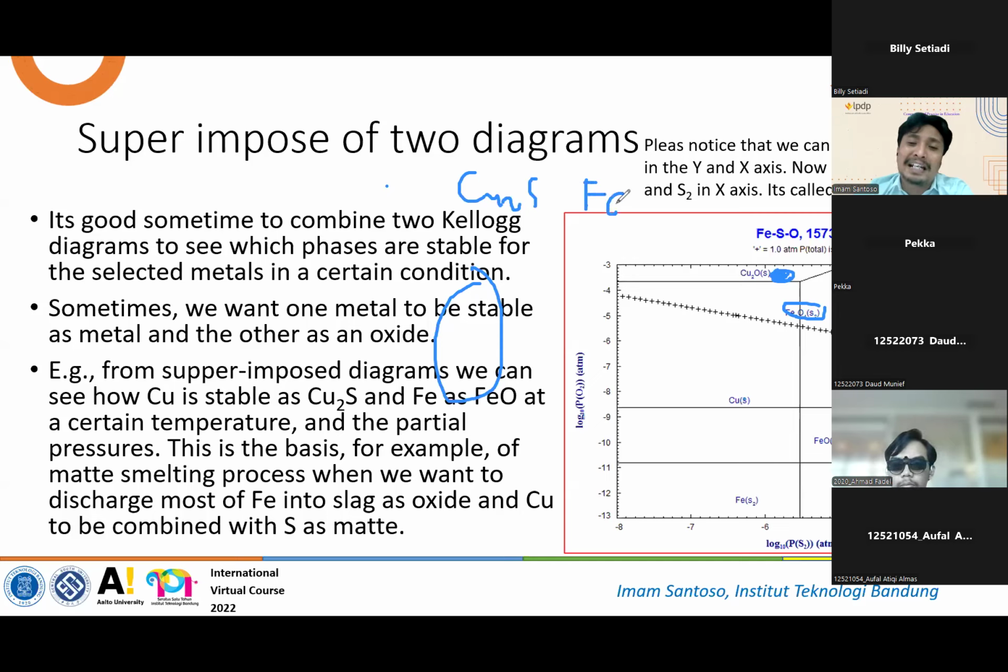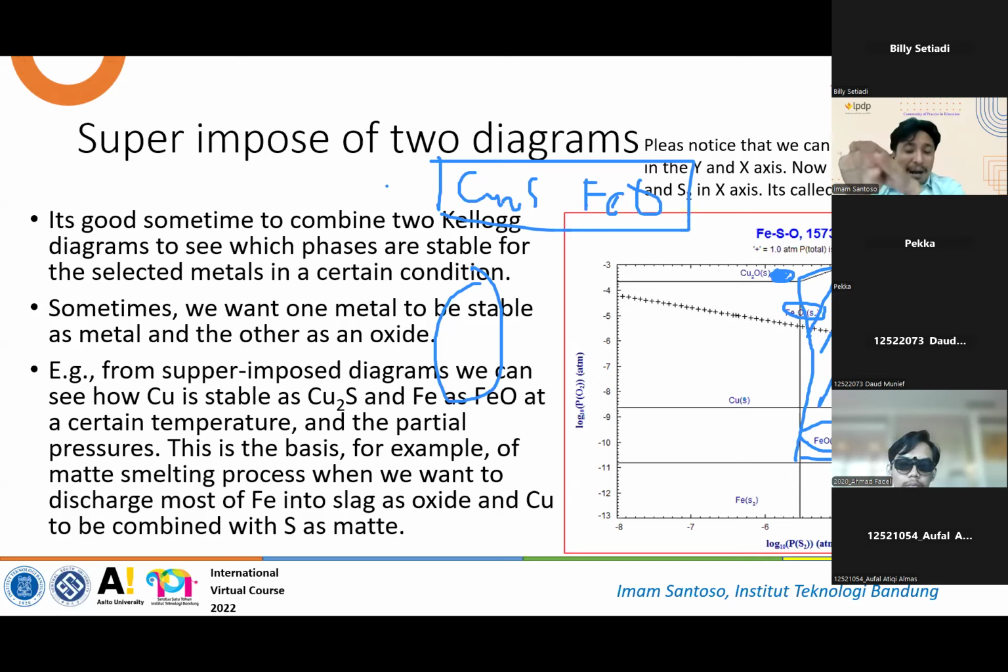Then we have to select the area where copper sulfide and iron oxide are stable. This is the condition of copper smelting. It means the area is this one. Remember, this diagram, if superimposed, is a combination of two Kellogg diagrams of iron and copper.